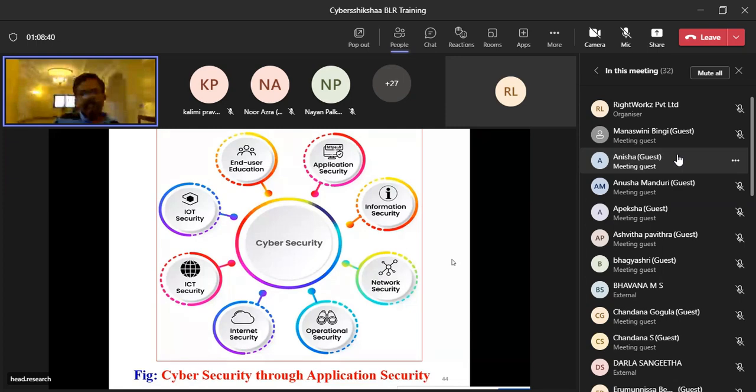Internet security is nothing but at the internet level how you are providing the security. ICT security is information communication technology security. IoT security, Internet of Things, is a collection of real-time objects in an internet. That is called IoT security.